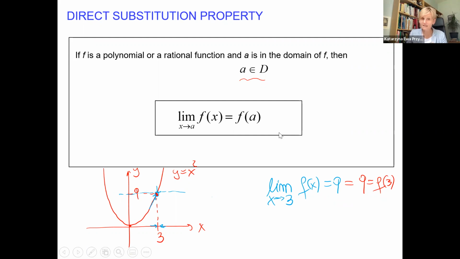The thing is, and I didn't state this, I just said that the function is a polynomial, which is defined for all real numbers. A rational function, what is the common thing? Both of these functions are continuous on their domain. That was the point.